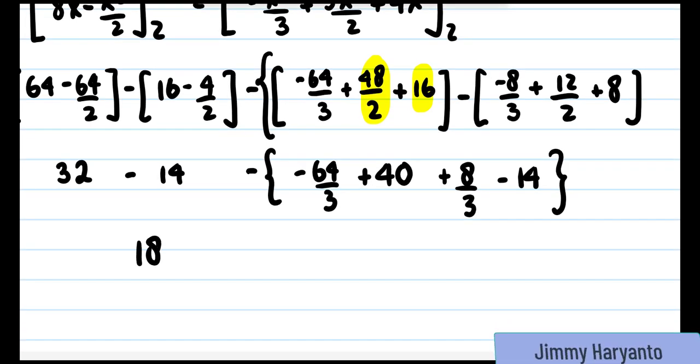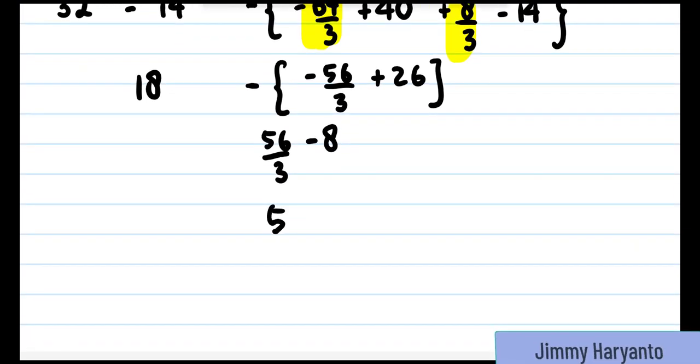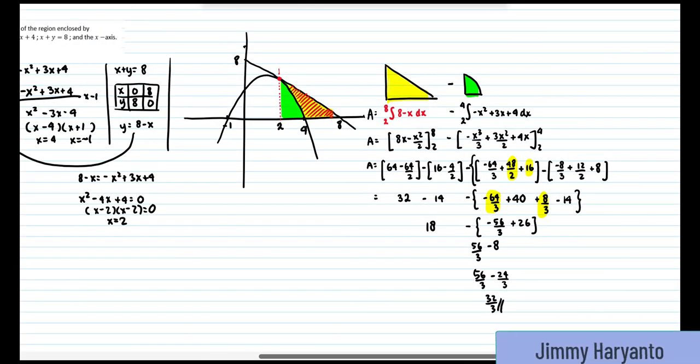Okay, this one is 18 minus, I want to calculate this and this, minus 56 over 3, and then this one is plus 26. Okay, once again, 56 over 3 minus 64, 24 over 3, you have 32 over 3. There you go. So that is the solution of your test.